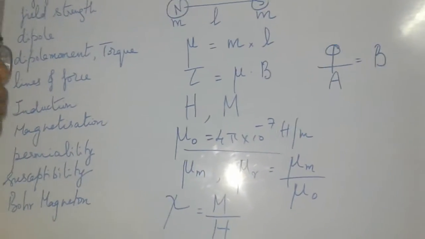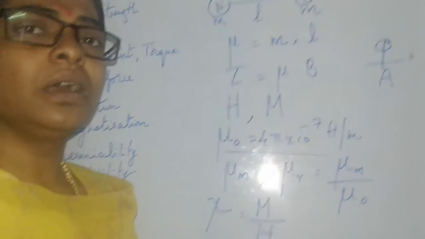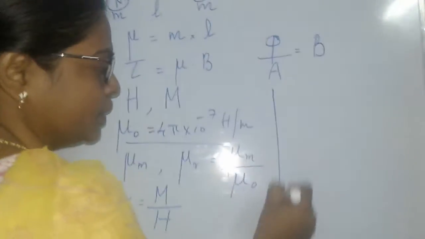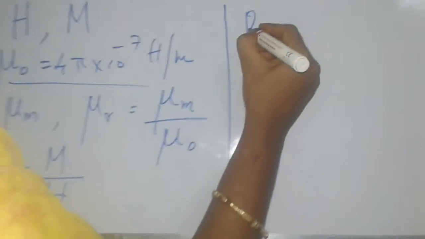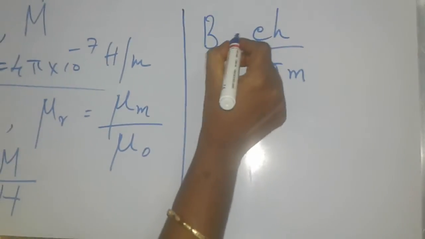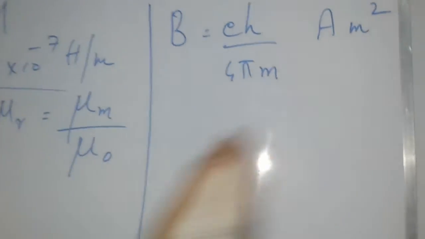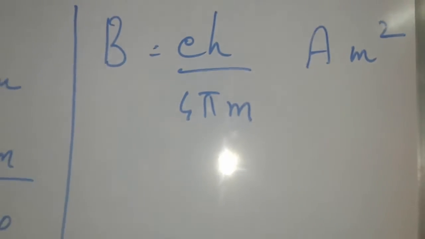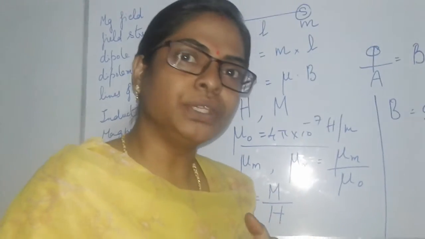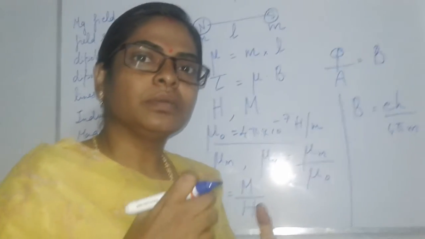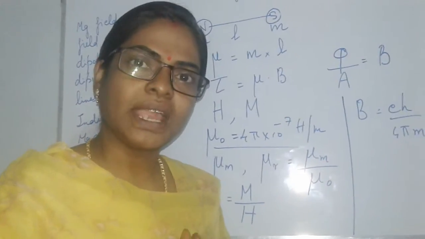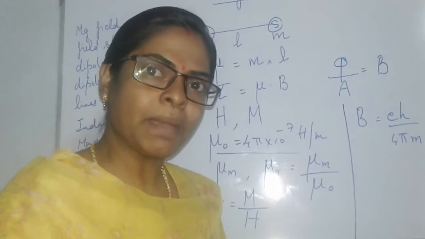And coming to Bohr magneton, it is a parameter. It is B equals eh by 4 pi m, and the unit is ampere meter square. This Bohr magneton comes because each atom, each molecule will have a magnetic moment because of the revolving electrons. Electrons have orbital magnetic moment and spin magnetic moment.